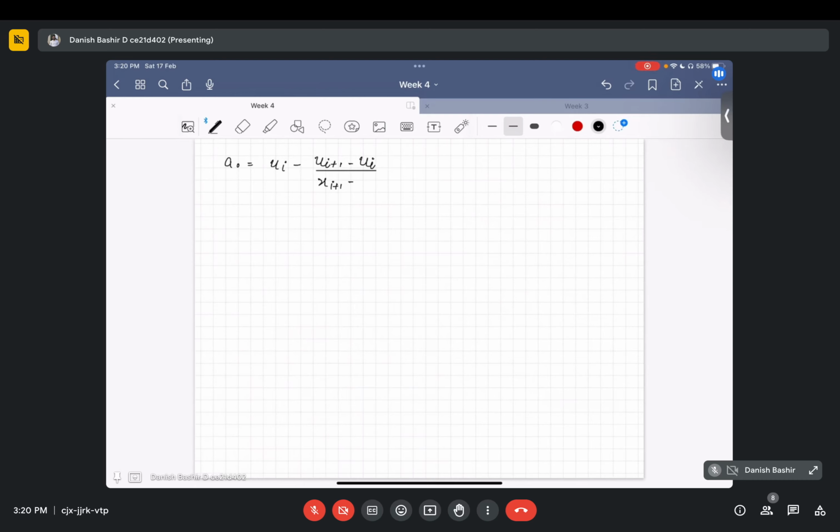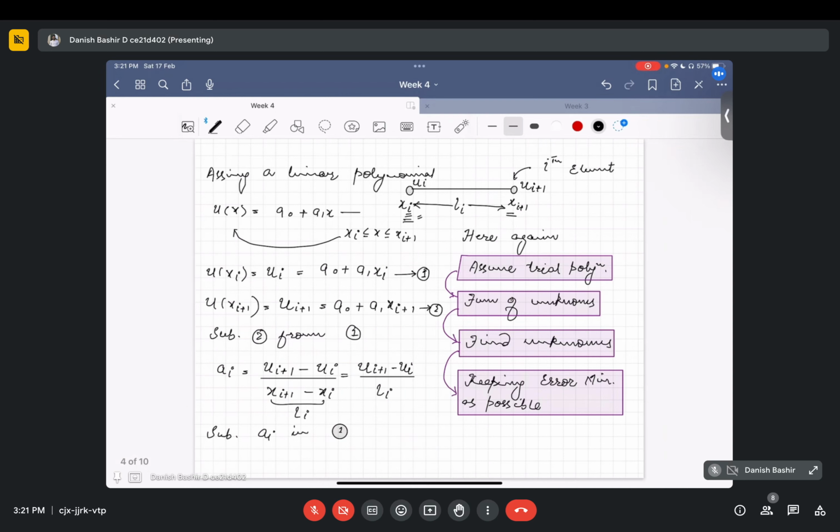If you carefully see, a naught will be equal to ui xi plus 1 minus ui plus 1 xi divided by li. Then we will combine both the solutions and substitute them in the original equation, that is equation a, because we got the values of a naught and a1 as well.